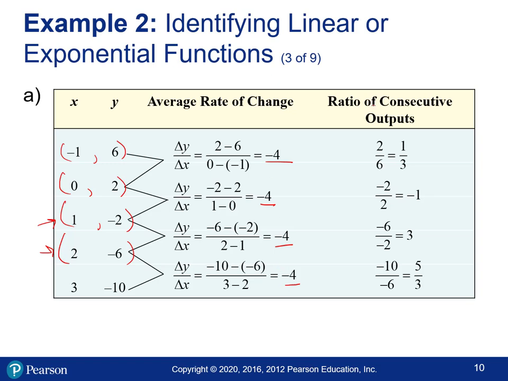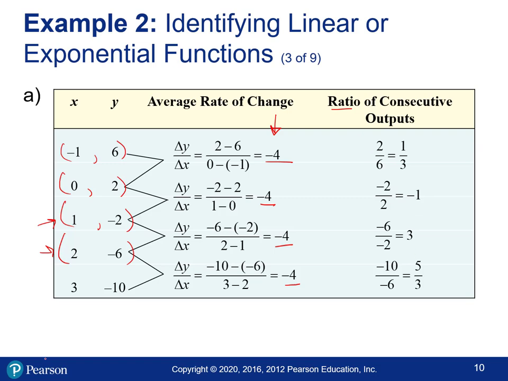And if you want to check for the ratio of the outputs, notice it's not constant. So right away, just from this all being -4, we know this is linear. But if we wanted to check this part for exponential, look what happens. We're getting all kinds of numbers.